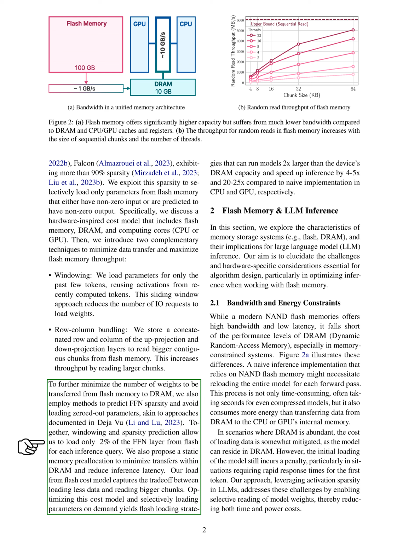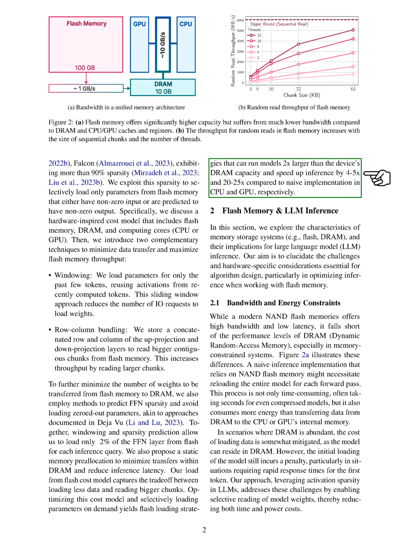Our load from flash cost model captures the trade-off between loading less data and reading bigger chunks. Optimizing this cost model and selectively loading parameters on demand yields flash loading strategies that can run models 2x larger than the device's DRAM capacity and speed up inference by 4 to 5x and 20 to 25x compared to naive implementation in CPU and GPU, respectively.